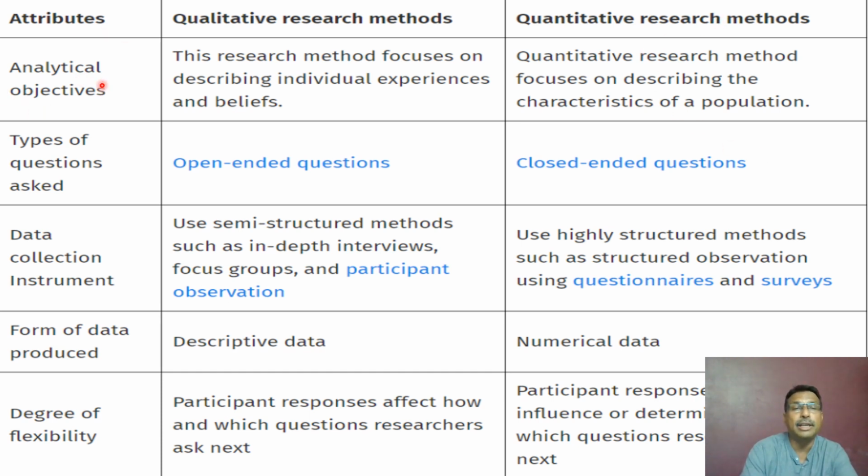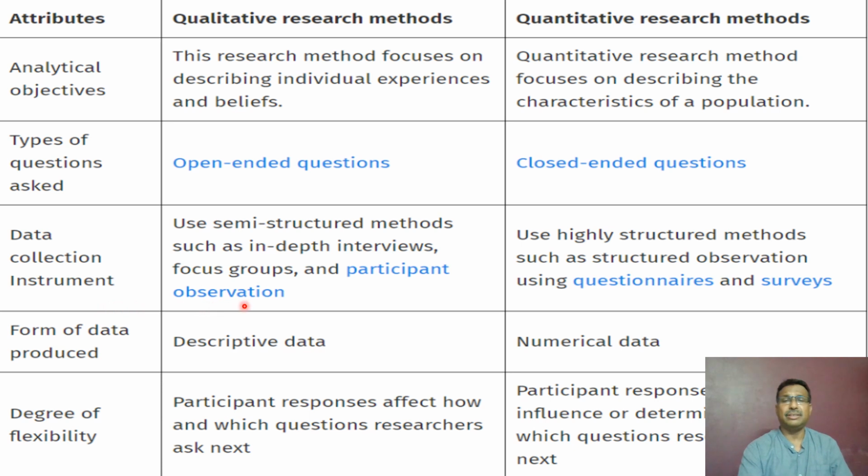Let me give you the attributes, as in analytical objectives. In the qualitative research method, it focuses on individual experiences and beliefs, whereas in the quantitative method, it focuses on the characteristics of a population. It's macro data we are looking at. Types of questions can be open-ended, but in quantitative data, it is the Likert scale that we want to end up with. It's a closed-ended question, probably.